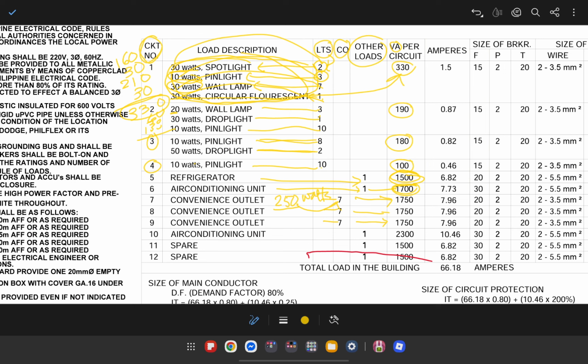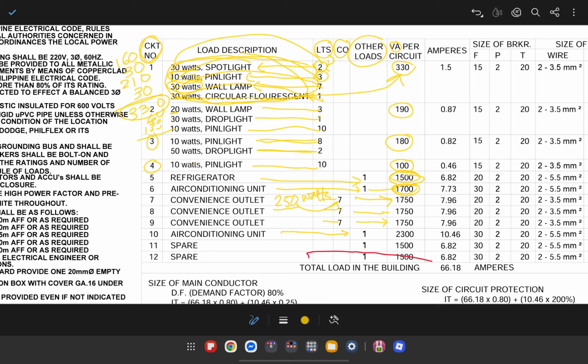Okay. Next is another air conditioning unit. Now again, like I mentioned, there are so many things you need to consider when it comes to the sizing of the AC. So for this aircon, this is more exposed to the heat, or it has more people to accommodate, or probably it's facing the western afternoon sun.